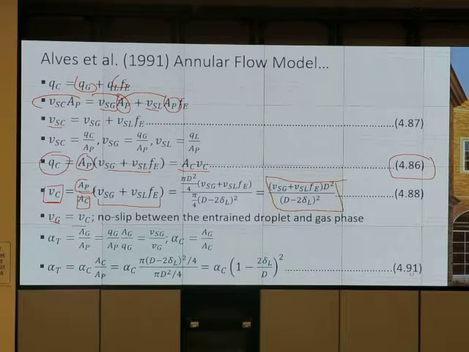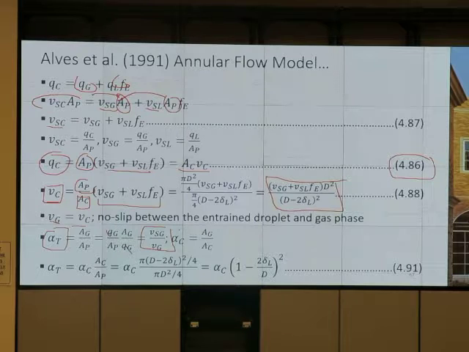VG is VC, no slip, okay? Between the entrained droplet and gas fraction. Alpha T, total void fraction, is AG over AP. And it's VSG over VG, or QG AG over AP QG. And that cancels each other. So alpha T is just a ratio between superficial velocity and actual gas velocity.